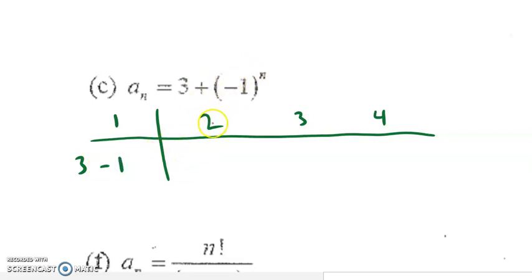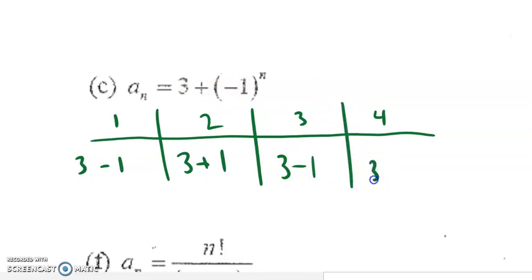All right, when n equals 2, then I have -1 to the second power, which is actually +1. So we have 3 plus 1. All right, and then when we let n equal 3, we have an odd number of factors of -1, so that odd number of negatives means we keep it negative. And then we're back to 3 minus 1.